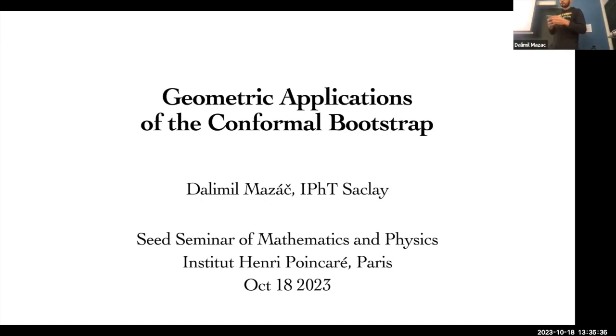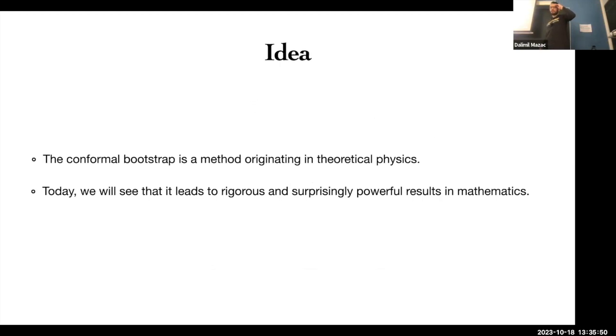I'll tell you something about some work I've been doing over the last few years with some great collaborators on the geometric applications of the conformal bootstrap. The idea is that there is this method in theoretical physics called the conformal bootstrap, which is usually used to constrain and study conformal field theories, which are maybe somewhat esoteric but very interesting objects.